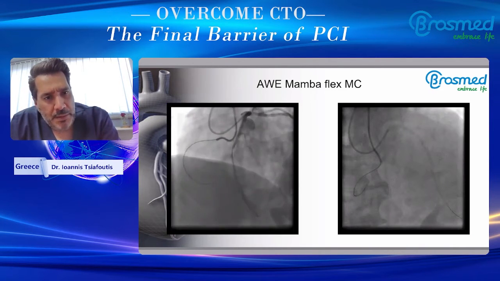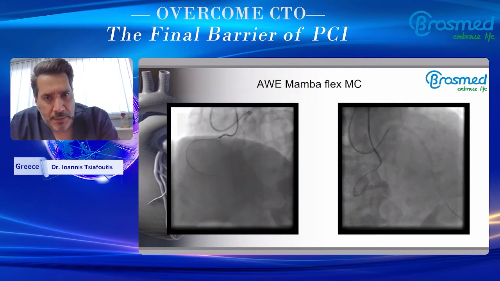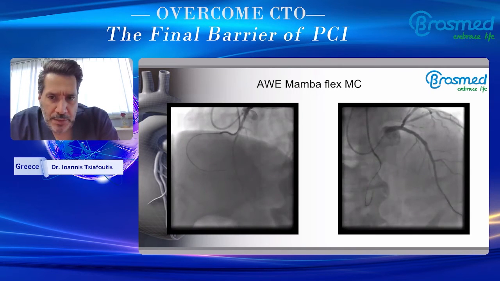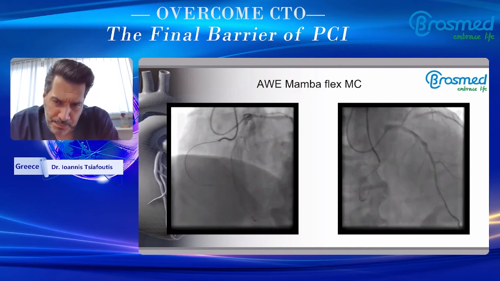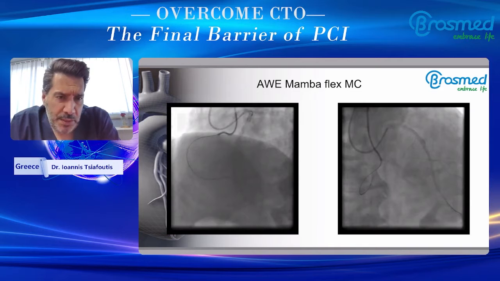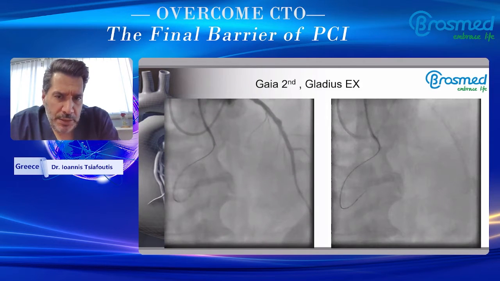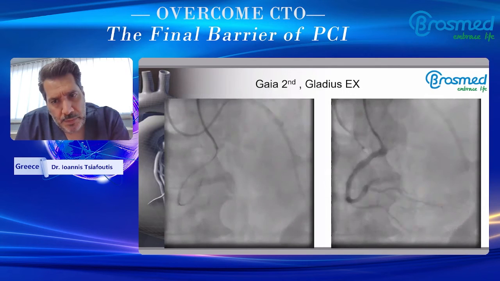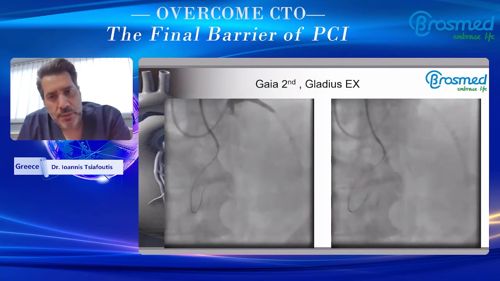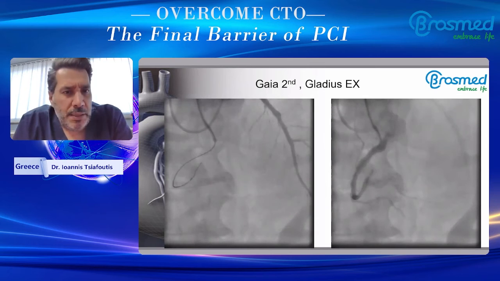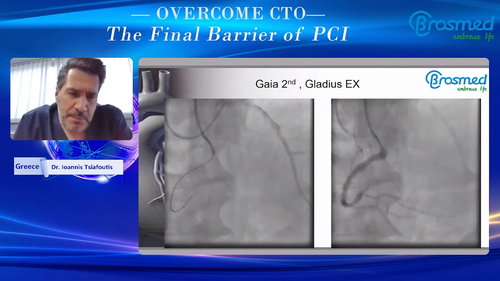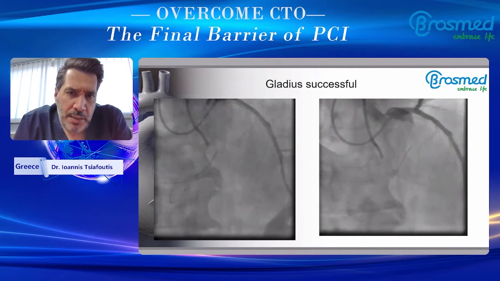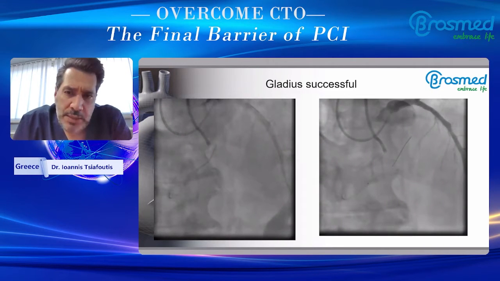So with the Mamba Flex microcatheter, we first used the Gaia Second wire, trying to go distally. The second choice was Gladius CX. There was no good viewing of the distal part of the artery, but Gladius went successfully distally.